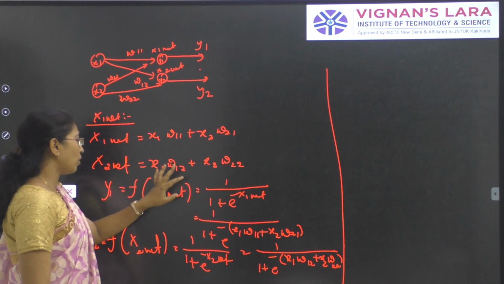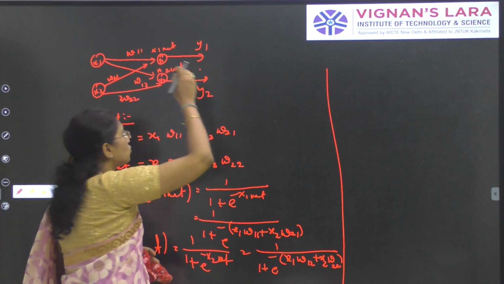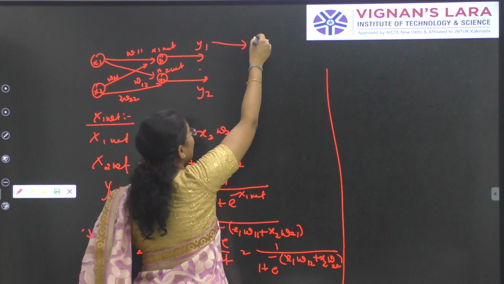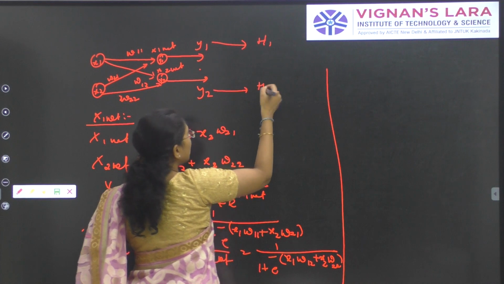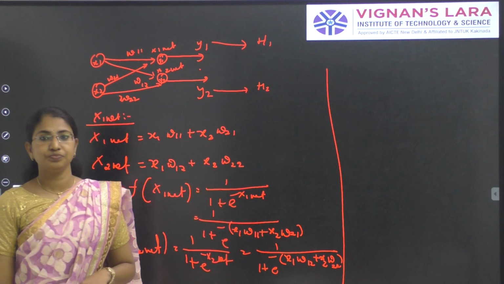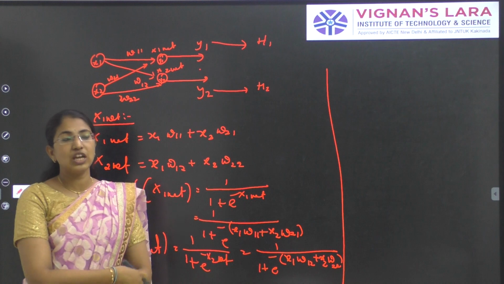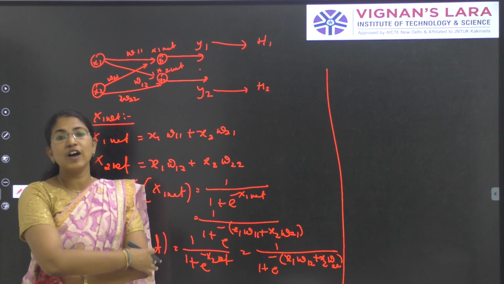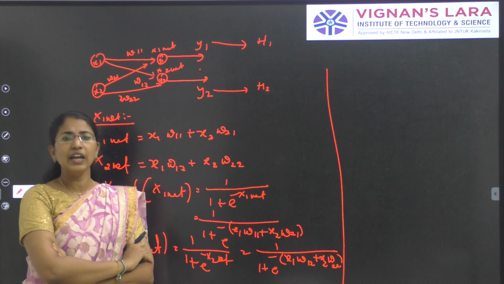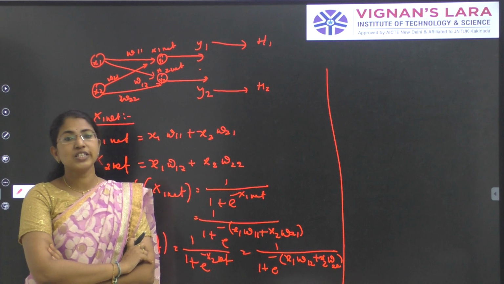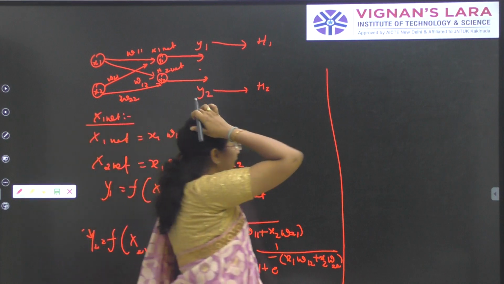Now you are going to store this y1 in a memory location h1, and y2 in a memory location h2. You are storing that information in memory locations specified as h1 and h2. Now after some time you need to recall it to some other network.